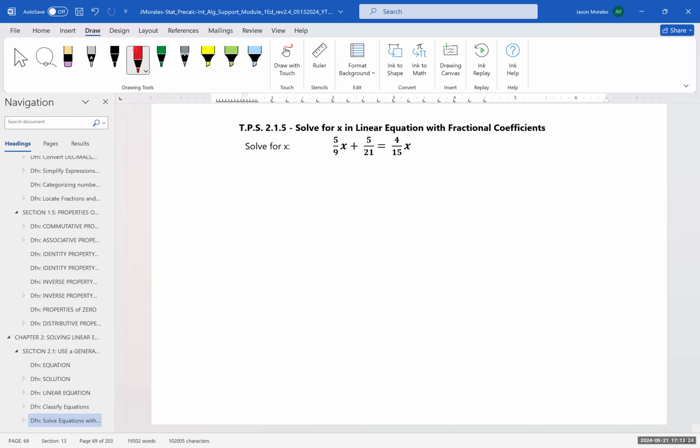After you find the least common multiple, you should solve for x, and x should be equal to negative 75/91. Give that a try.